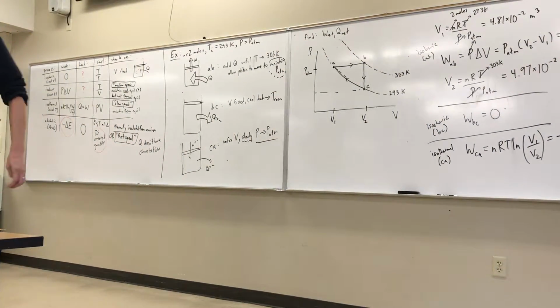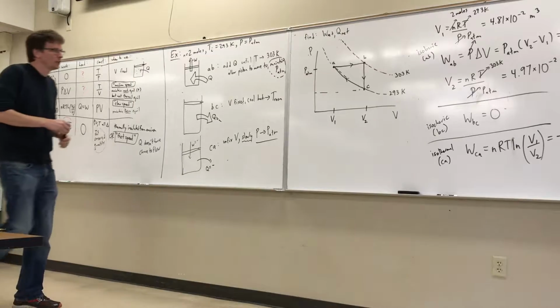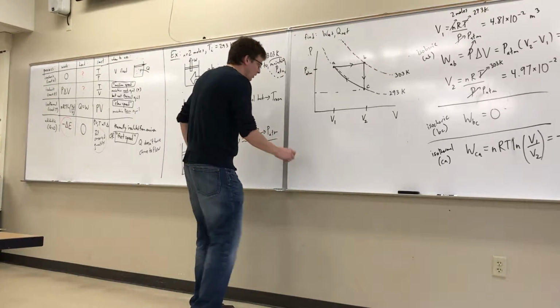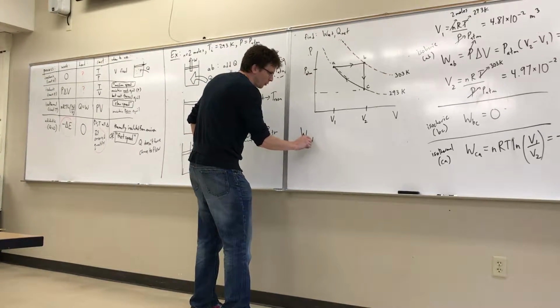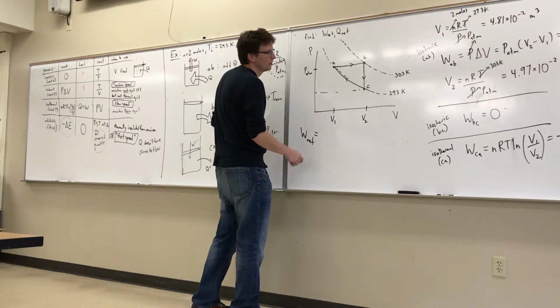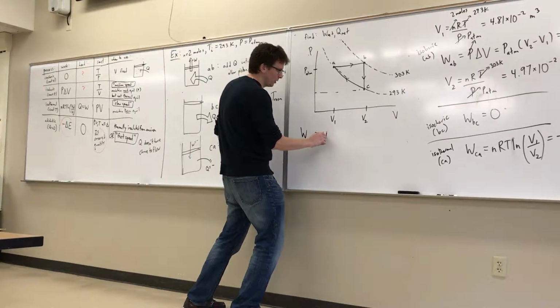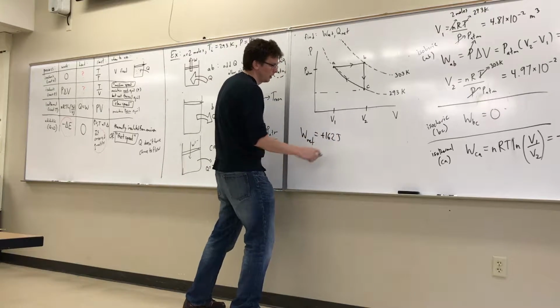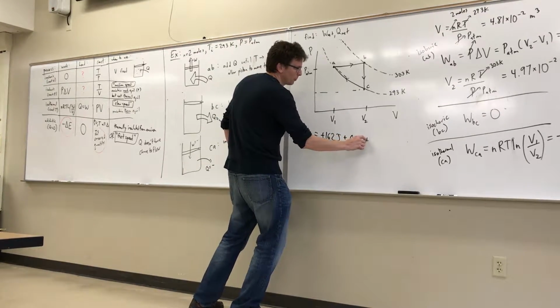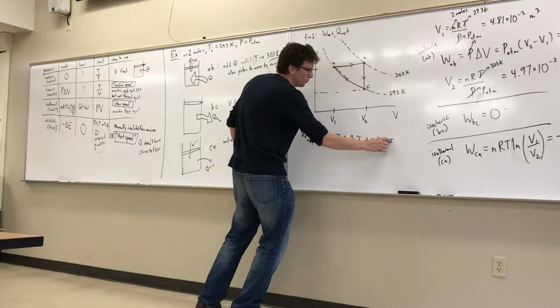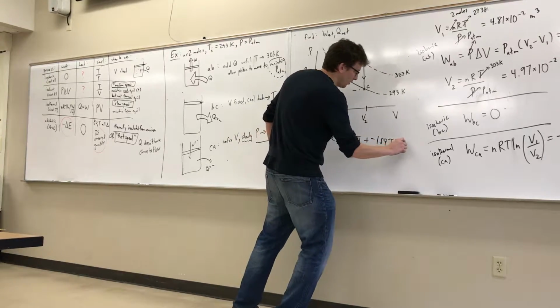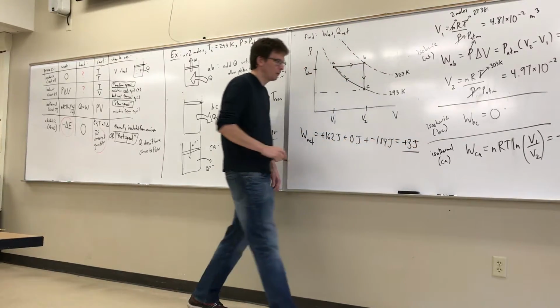Okay? So we're done now. Let's answer the questions. Well, the net work is, of course, the sum of the works. So positive 162 plus 0 plus negative 159 joules, which gives you a whopping 3 joules of net work.